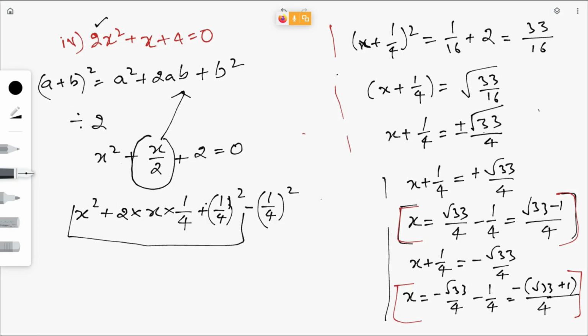Okay, because see here, what is this? This will give a plus b whole square, right? This whole a square plus 2ab plus b square will give a plus b whole square. So here this whole thing will give x plus 1 by 4 whole square. So this plus 1 by 4 whole square is included here. Okay, till here.